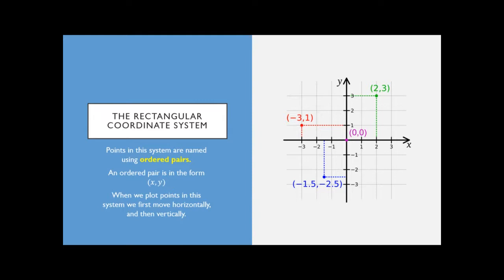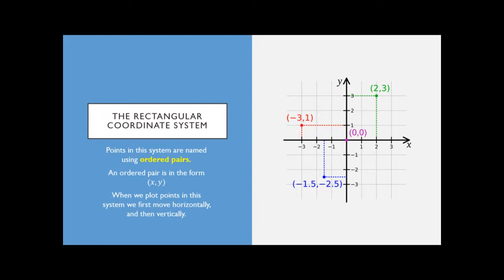And so in this picture, you can see how we've got multiple ordered pairs. And you can see why it's called the rectangular coordinate system, because if you take a point and draw lines to where it matches on the axis, it forms a rectangle. So that's where we get the name rectangular coordinate system, because we're basically forming rectangles with our axes when we plot a point.